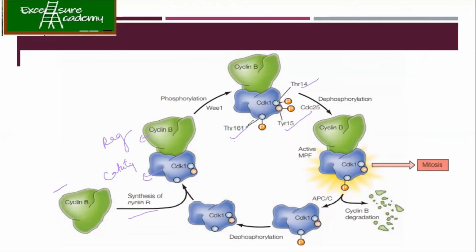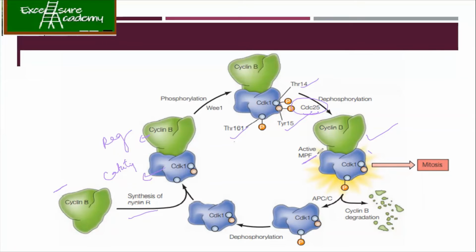Then there's a dephosphorylation step mediated through CDC25, which causes the dephosphorylation of threonine 14 and tyrosine 15, and the complex is then fit for causing mitosis.